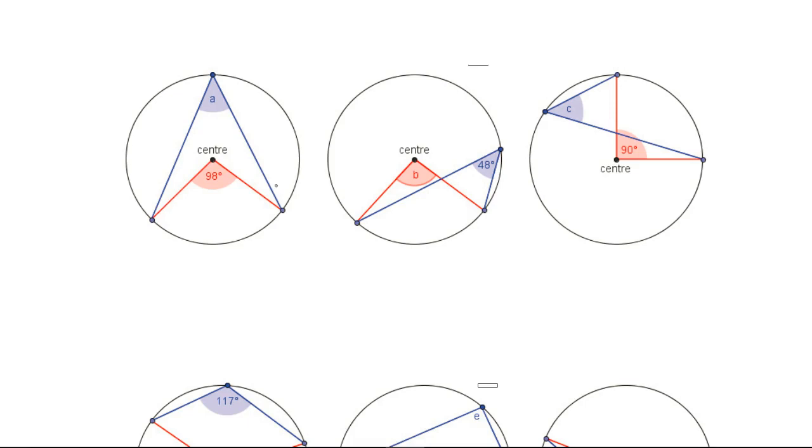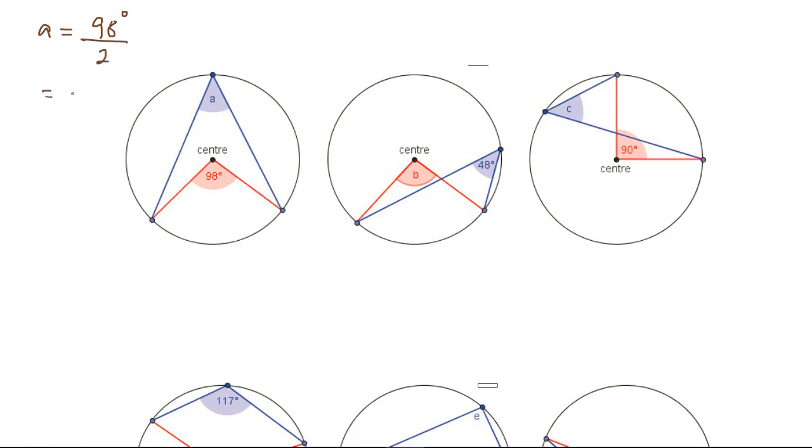Here are some examples. We're going to solve for A, B, C, D, E, F, G. For A, according to the theorem, A is always half of the central angle. So we have 98 degrees divided by 2.